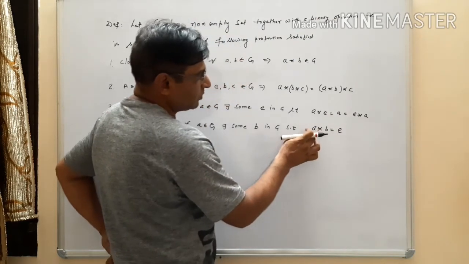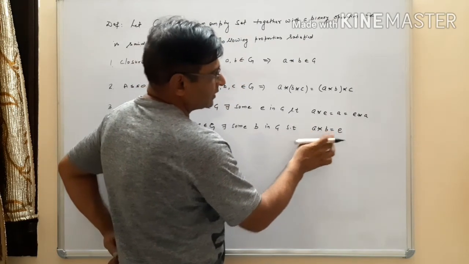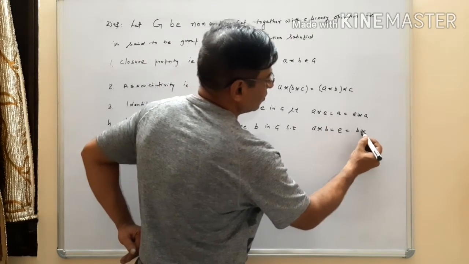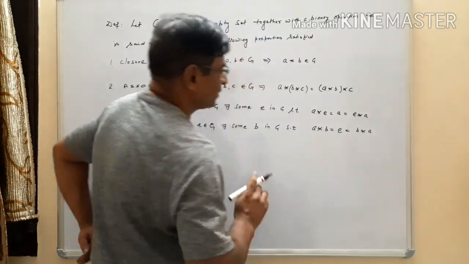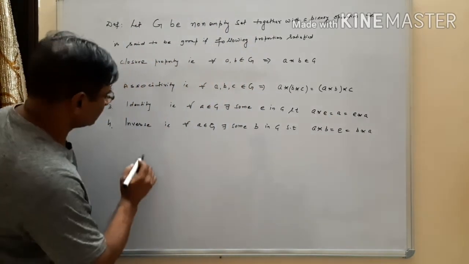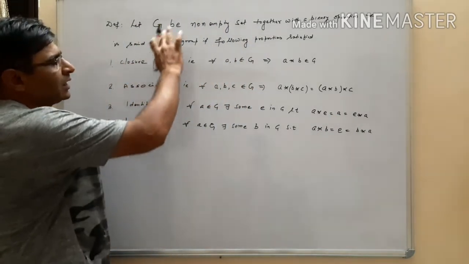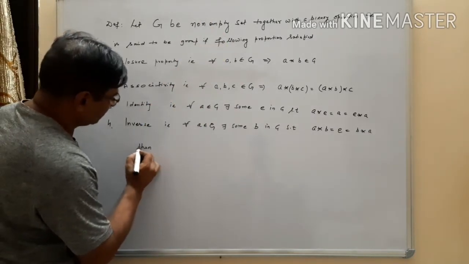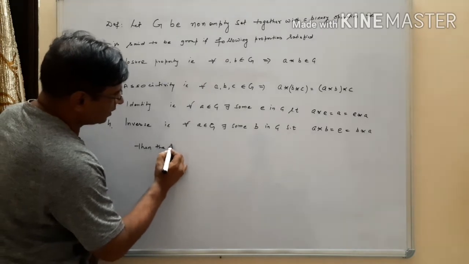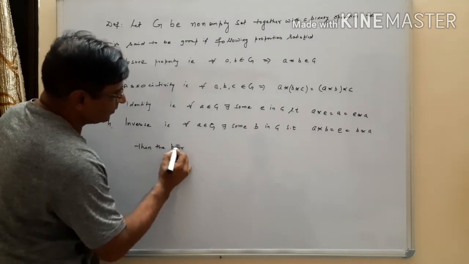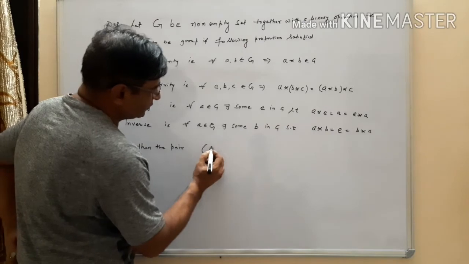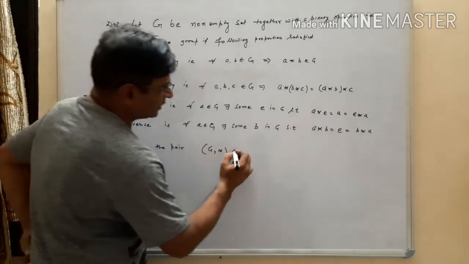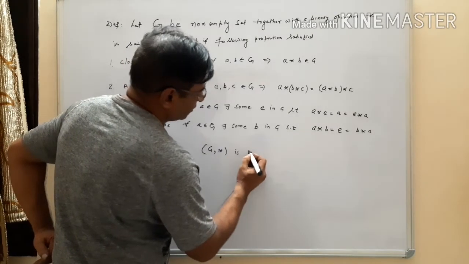That means if B is operated with A, we get the identity. This is also equal to this. Then with this definition, the pair G with the binary operation is called a group.